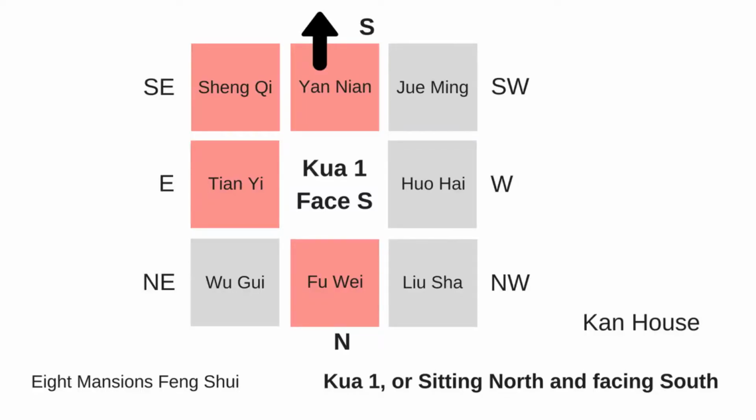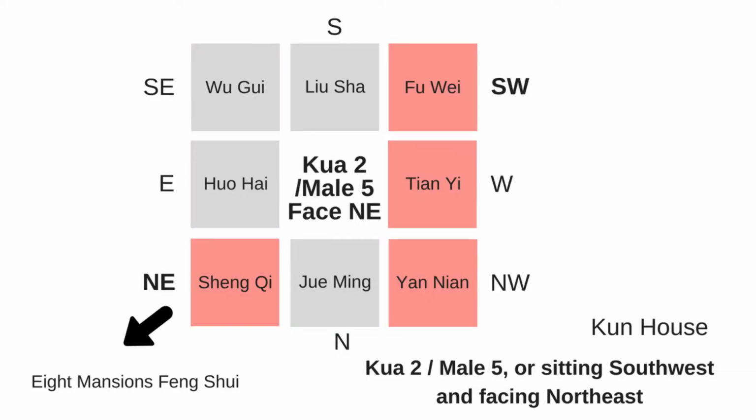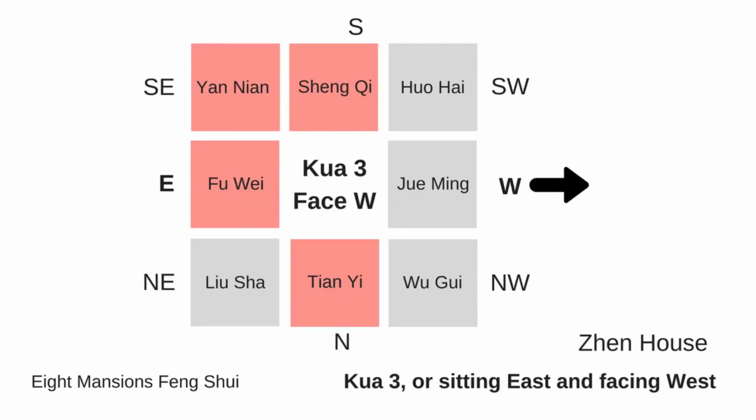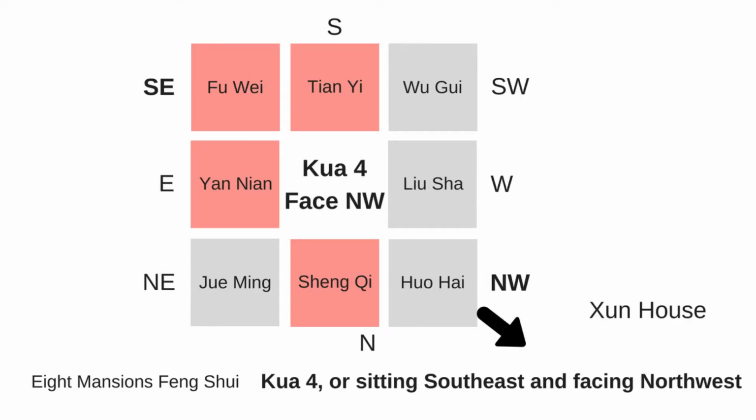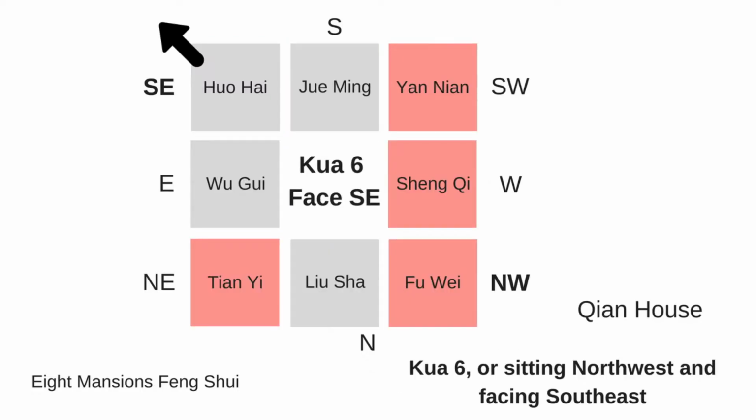So if you look at the charts, we have 8 type of chart for the 8 mansion style Feng Shui, and 4 of them are pretty similar. All the lucky directions are the same, and the unlucky ones are the same, and the other 4 charts have the opposite lucky direction and unlucky direction.